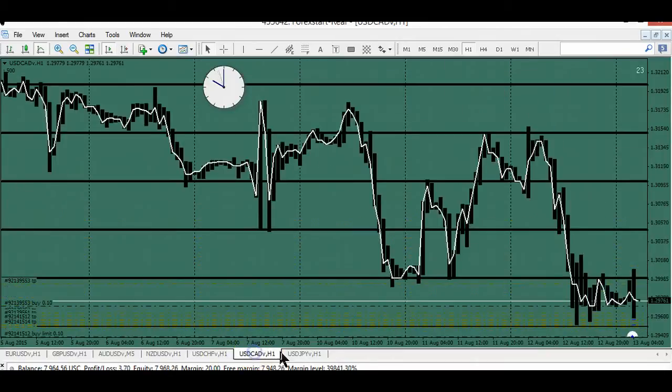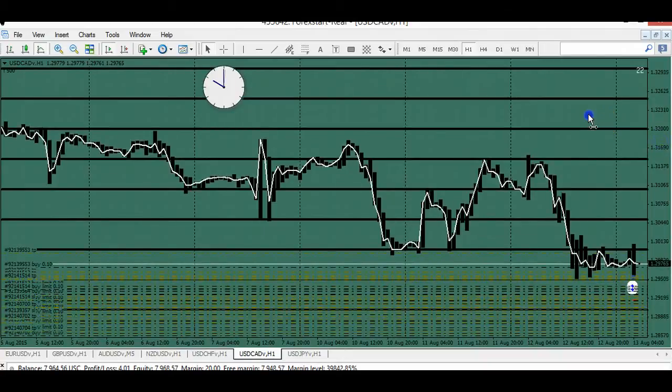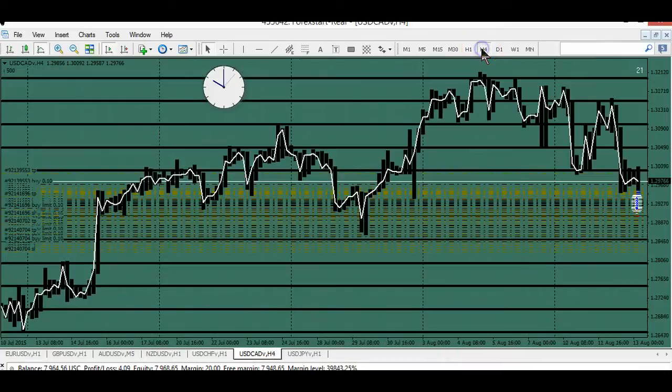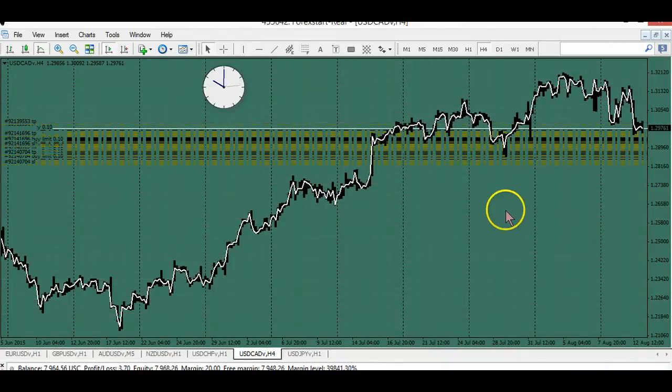I'm going to go to the CAD and get in much deeper, because it looks like it's hell-bent. If you go to the 4 hour, you can see this thing coming back about 200 pips. So I'll think about getting in right at this insane low here again.